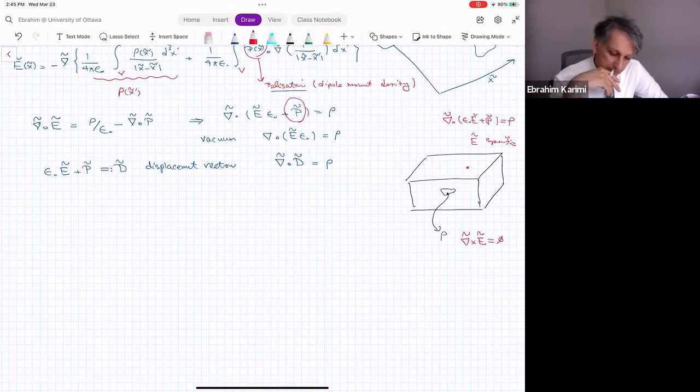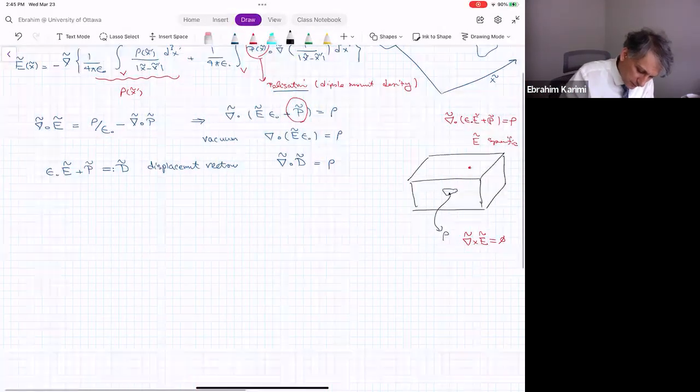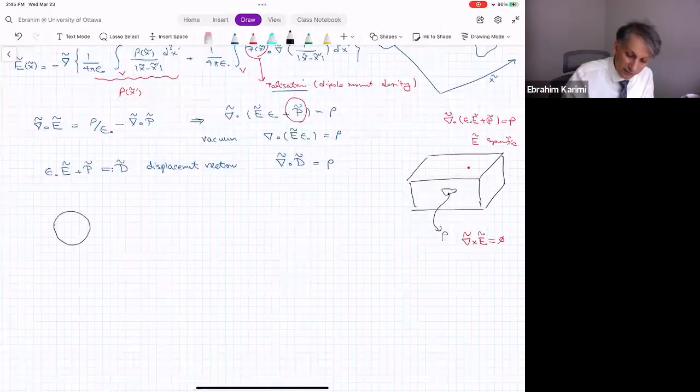So it seems that when you have vacuum and when you have material, the electric field in space is changing. And that's reasonable, because if you look at the atoms, even if you assume neutral atoms, you have a nucleus and then a cloud of electrons around it.